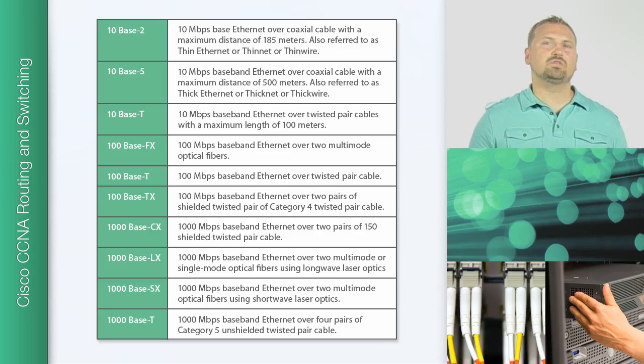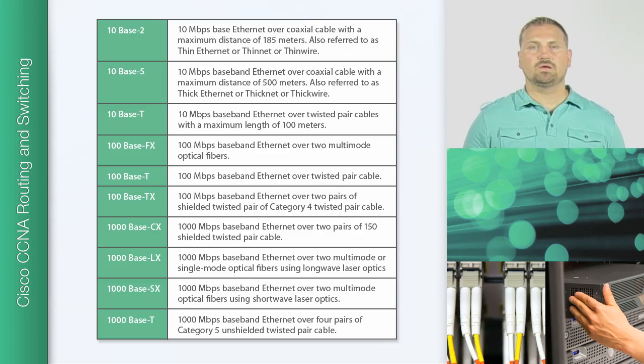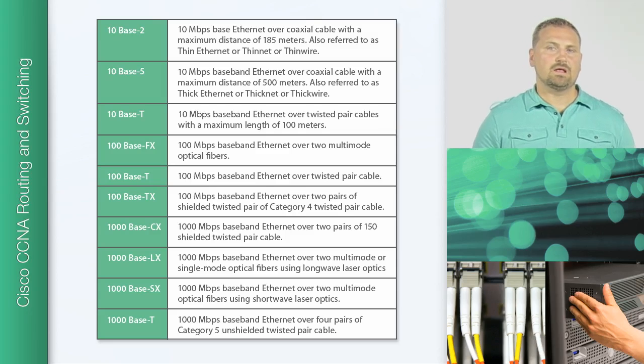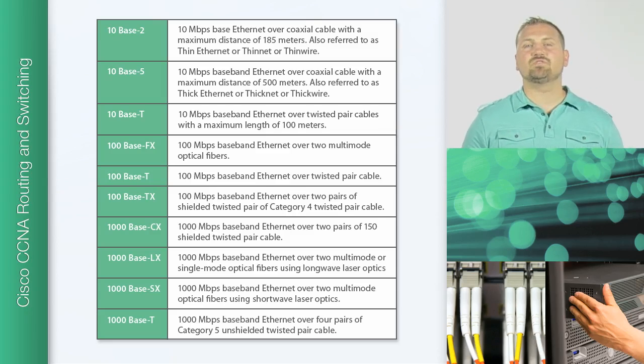Now let's take an overall look at the different types of Ethernet available. We have 10-base-2 and 10-base-5, which are also called ThinNet and ThickNet, and the Ethernet standards that run over coax cable. Now, ThinNet has a maximum distance of 185 meters, and ThickNet has a maximum distance of 500 meters.